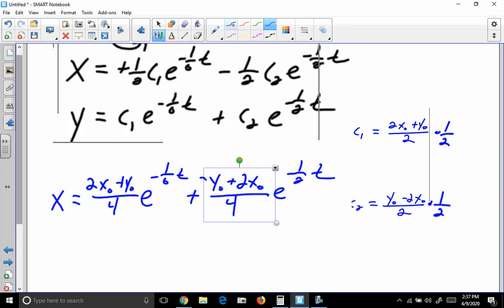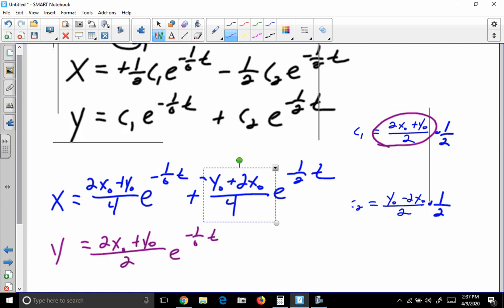And then for y, if we put that in for C1, this one doesn't have the 1/2 times it, so (2x plus y) over 2 e to the negative 1/6 t plus C2, (y minus 2x) over 2 e to the negative 1/2 t.